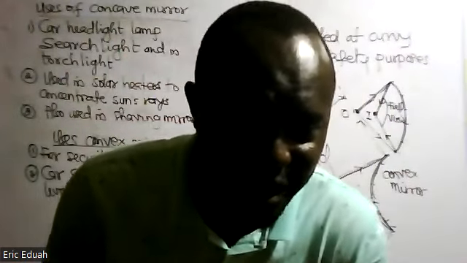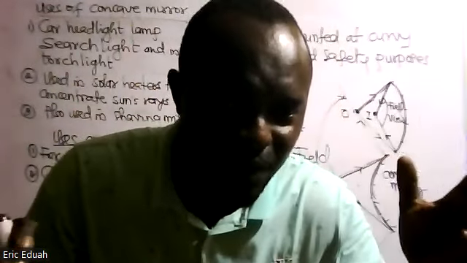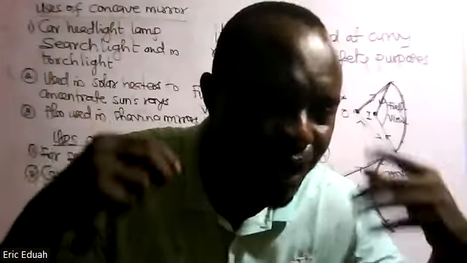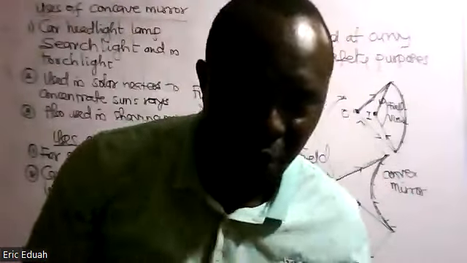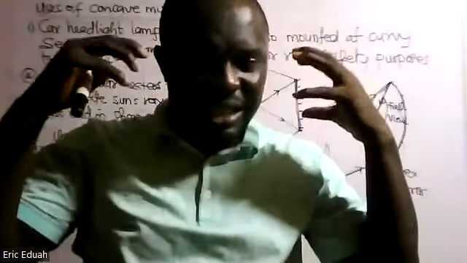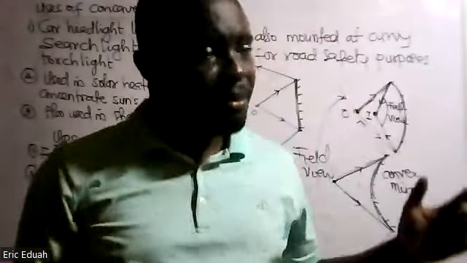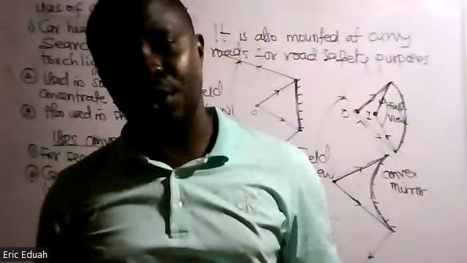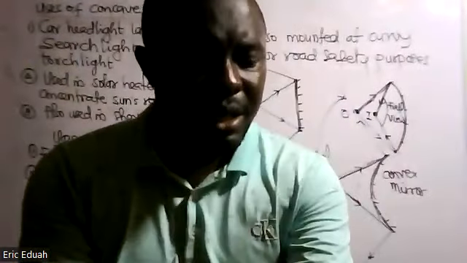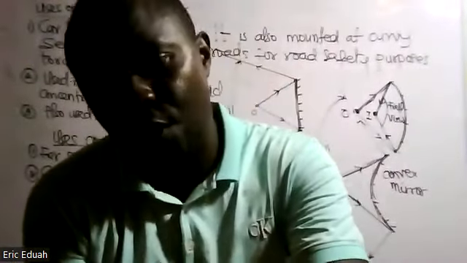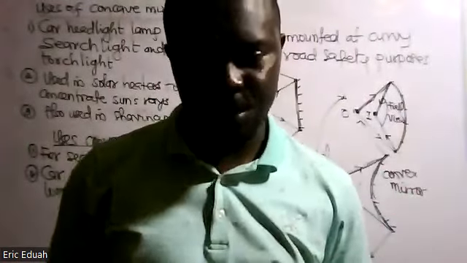A car coming towards you with the wheels in the air and the top part of it on the ground. Such a situation can give you a confusing impression. But for convex mirror, it will always give you upright images. So these are some of the importance of convex mirror as compared to all other types of mirrors.